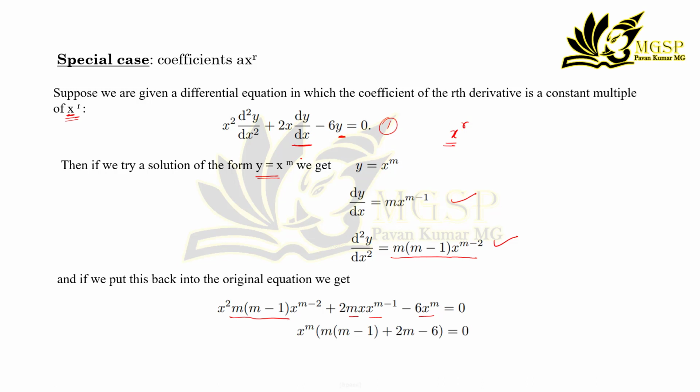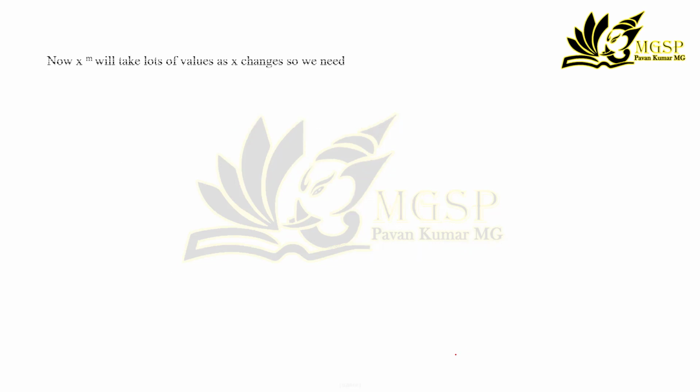Now take x power m common, so we end up with m into m minus 1 plus 2m minus 6 is equal to 0. Solving this inner term, we end up with m square plus m minus 6 into x power m. Since x power m is nonzero, we get m square plus m minus 6 equal to 0.